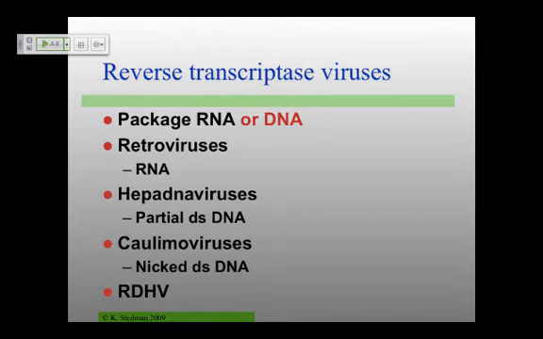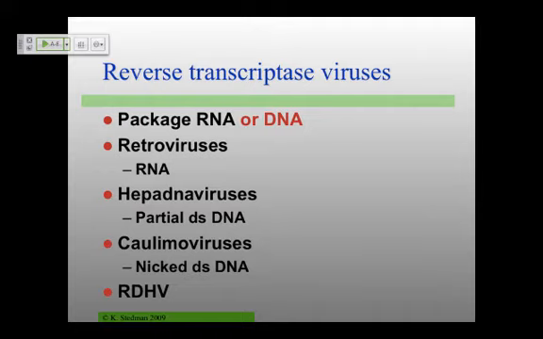But it turns out that there are lots of different things that end up getting packaged in your virion. So in the case of the classic retroviruses, things like HIV or a lot of the RNA tumor viruses, those package RNA. But the HepaDNA viruses, best known of these is hepatitis B, package this bizarre combination of partly double-stranded, partly single-stranded DNA.